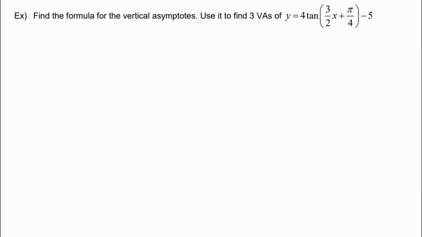Next example. Find the formula for the vertical asymptotes. Use it to find three vertical asymptotes of y equals 4 times tangent quantity 3 over 2x plus pi over 4 minus 5. So to find the new formula for the vertical asymptotes after the transformation, what you do is you set the argument equal to the normal vertical asymptote formula. Here, your argument is 3 over 2x plus pi over 4.